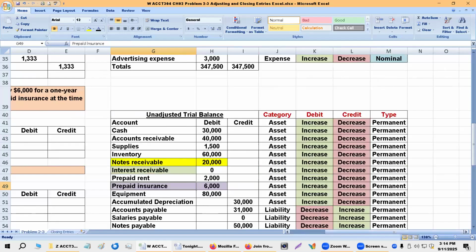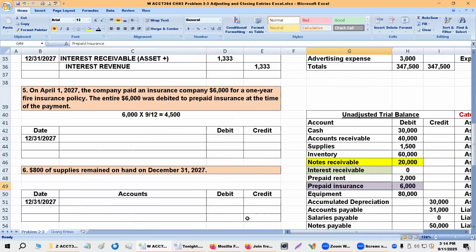Gonna decrease as a credit. Yep. So we used up 4,500 of this.